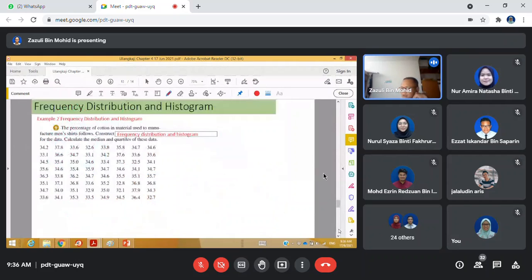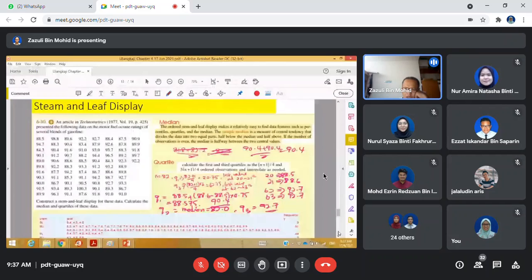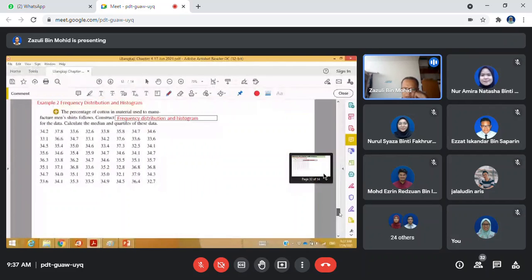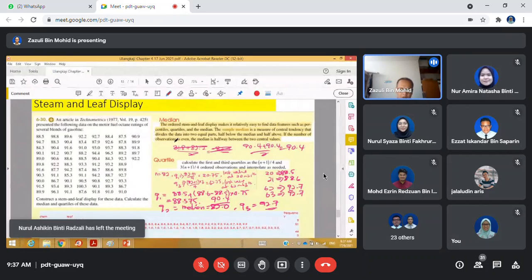In this frequency distribution histogram also, I already gave you one example question, and then the next one is about the stem and leaf diagram. Stem and leaf diagram is quite equal to the histogram, it seems the same, but actually it's totally different, whereby the method of presenting the data is quite different.